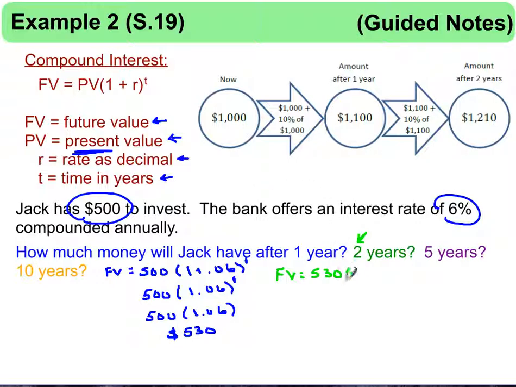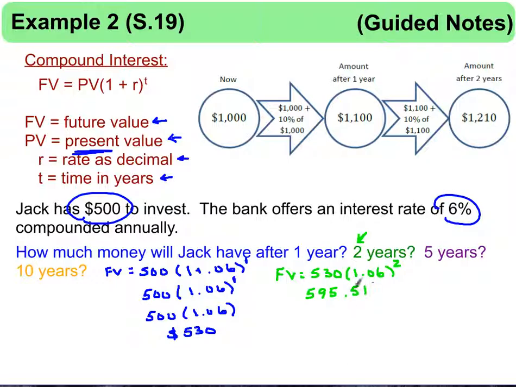Everything else stays the same, so I've got the 1.06, but this time I raise it to the second power. So when I put that in your calculator, 530 times the 1.06 raised to the second power, I'm going to get $595.51.